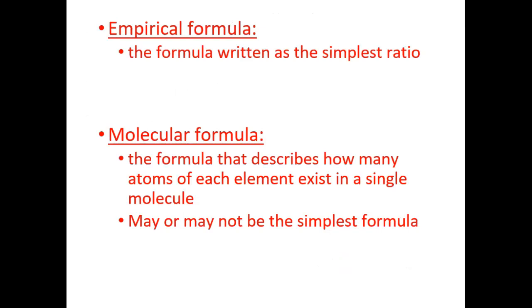The next thing we're going to talk about is empirical and molecular formulas. Empirical formula is the formula written as the simplest ratio. Ionic compounds are always in empirical formula style. Let's add that. Ionic compounds always use empirical formula.